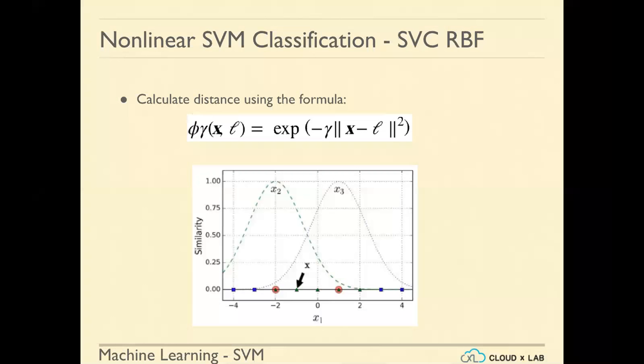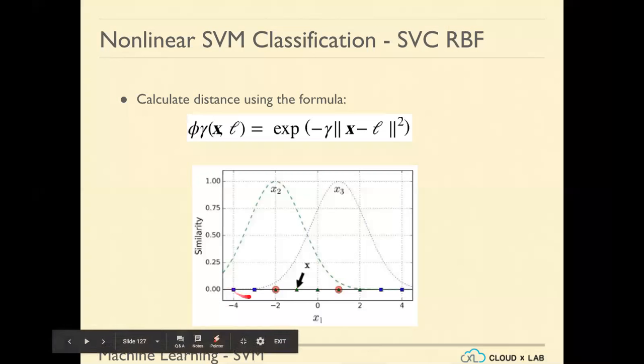For every record there'll be one landmark for this, one for this, one for this, and so on. With respect to -4, we'll compute x2. With respect to this, we'll compute x3, then x4, x5, x6, x7, and so on.